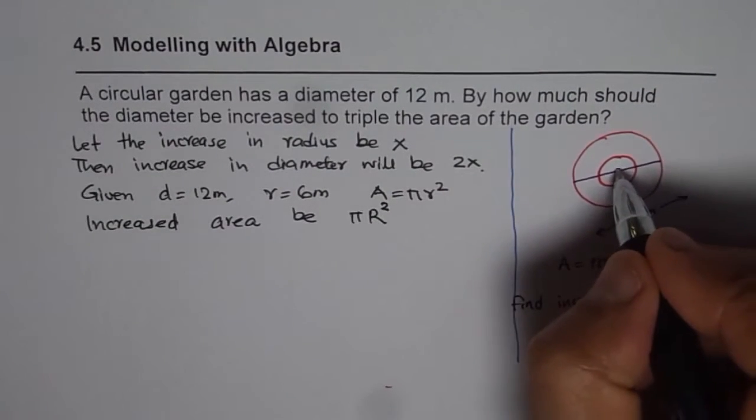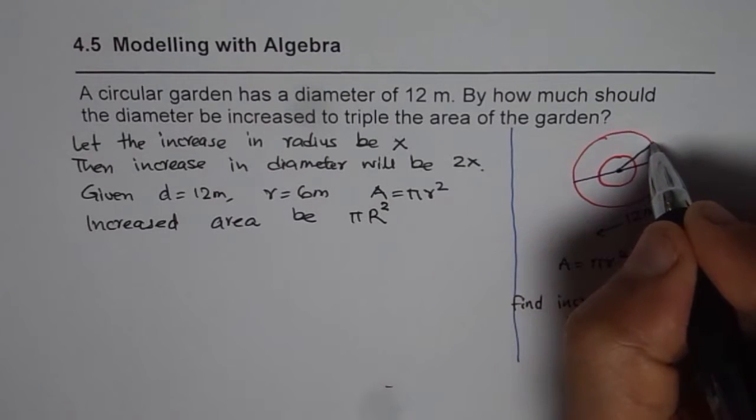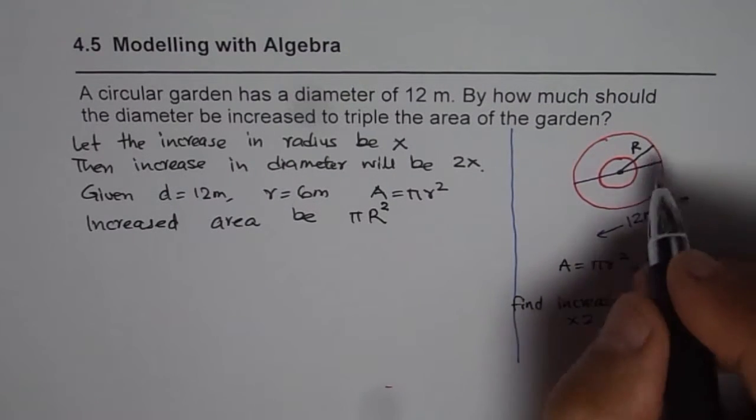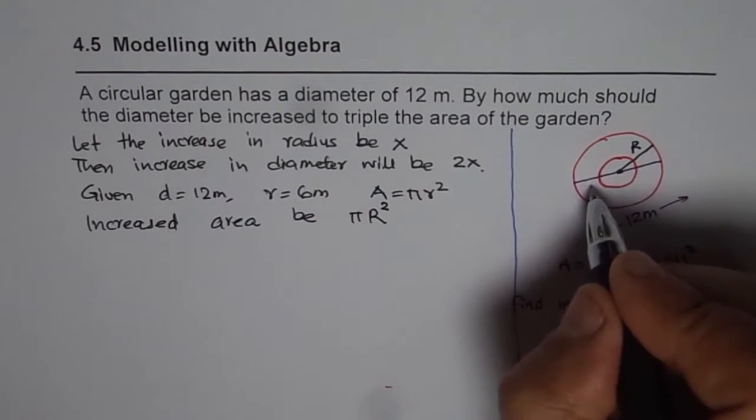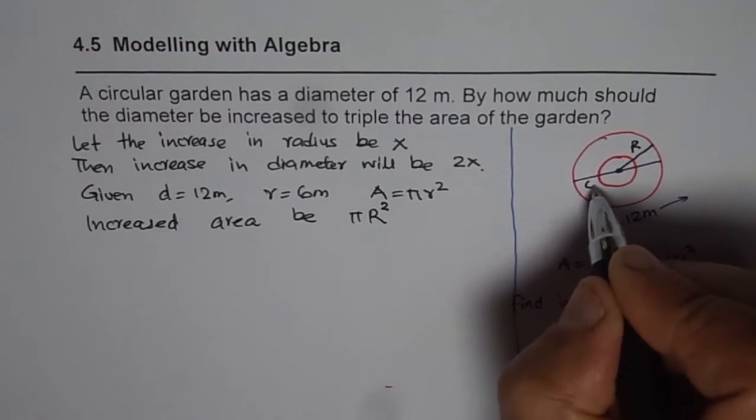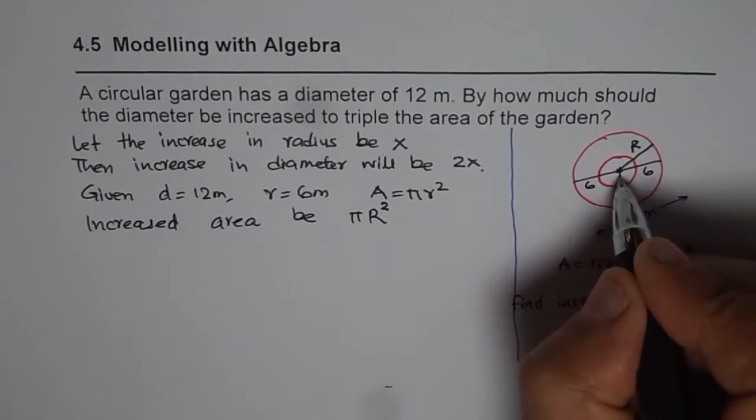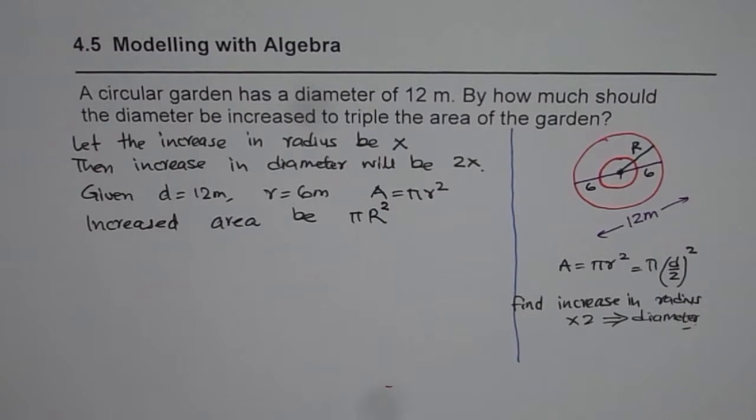So the radius for the bigger one is capital R, and we know the smaller radius for us is 6, from the center. That is what it is, right?